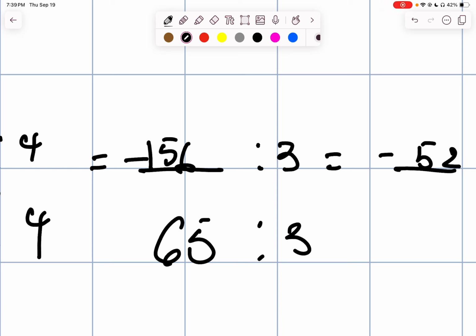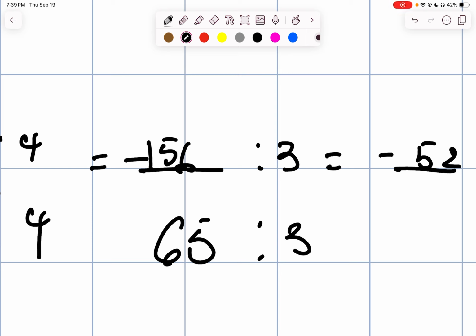Let me see, 156 divided by 12, 13. 65 divided by 13, that's crazy.